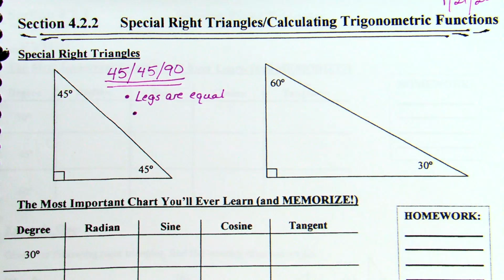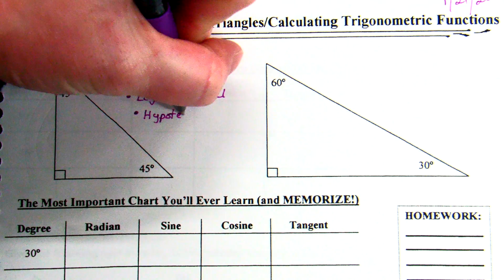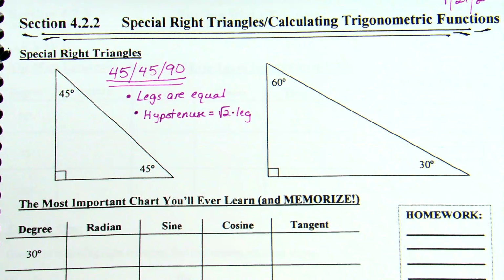Square root of 2 times the length of a leg. So the other thing you need to know about a 45, 45, 90 triangle is that the hypotenuse is equal to the square root of 2 times the length of a leg. Doesn't matter which leg, of course, because the legs are the same.